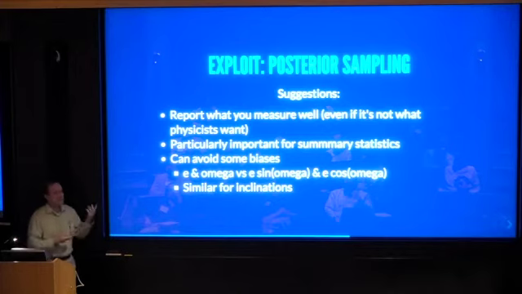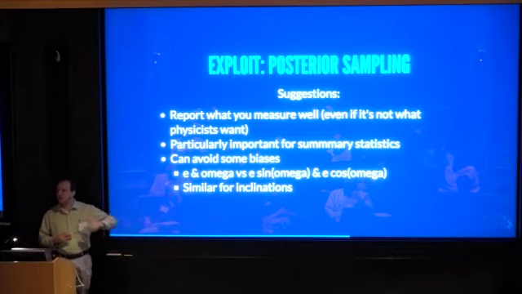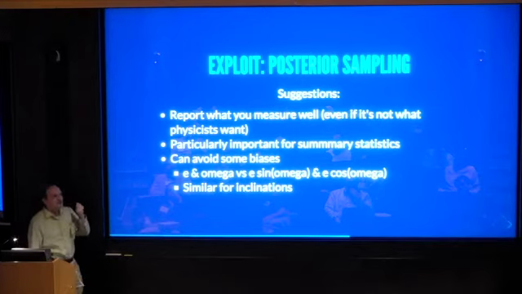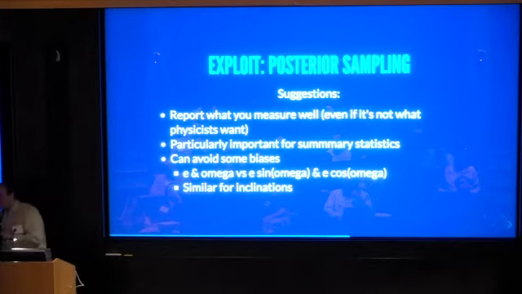For example, someone today showed the distribution of eccentricities recovered was biased at small eccentricity. This is not something that any algorithm or method will solve. If you have a population of objects which are all exactly circular, anything with error measurements where you're talking about eccentricities will always be biased. So the solution is not to find a better sampling algorithm. The solution is to change what you're reporting.